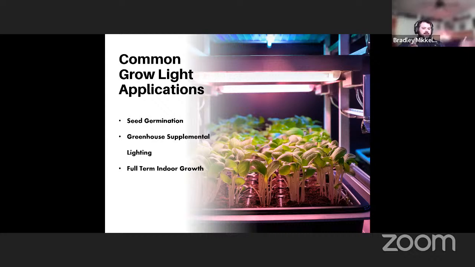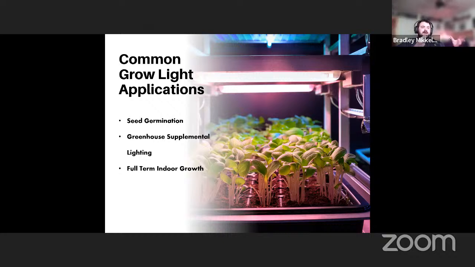Say a 4x4 tent is 16 square feet; times that by 40, and you're looking at about a 640 watt grow light being ideal. And if that light has the ability to dim, you can dim it down to get through the early stages of life and then turn it up when you get into full production.